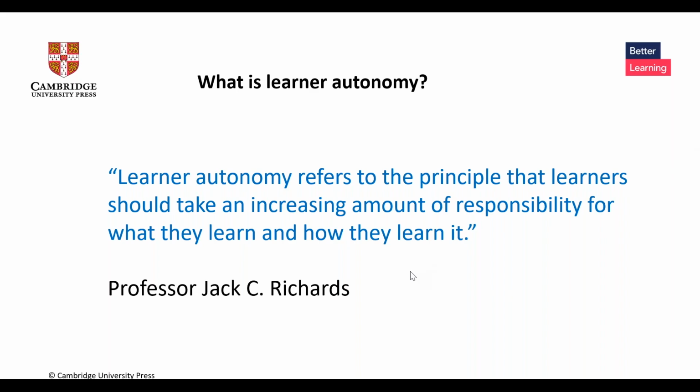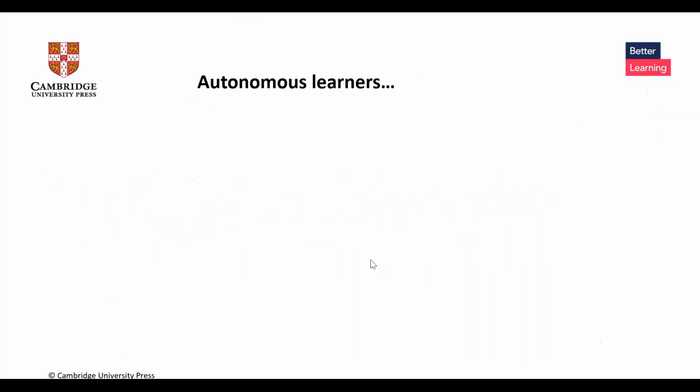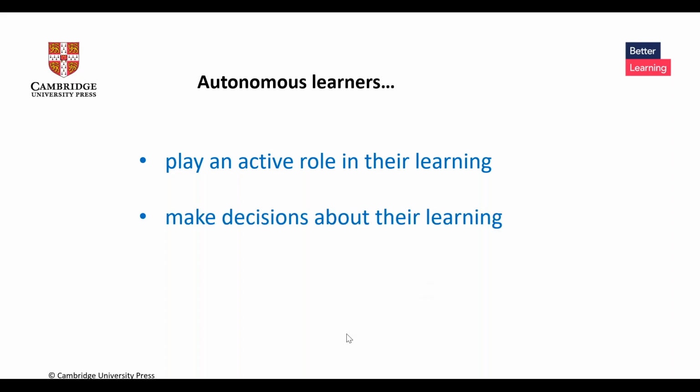Okay, so let's have a look at some of the things that we would expect autonomous learners to do. First of all, we would expect them to play a more active role in their learning, to be more involved in the whole learning process. We would also expect them to make decisions about their learning, so making their learning much more personalised and focused and therefore much more relevant to their needs.